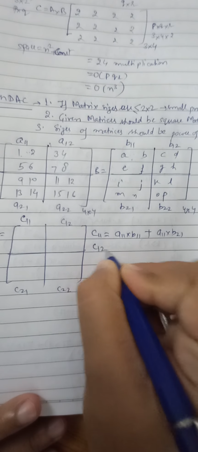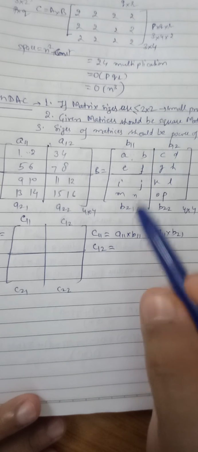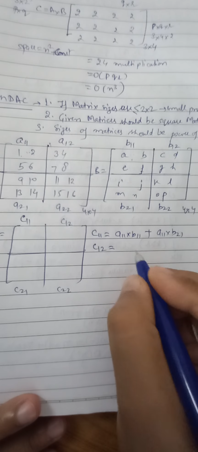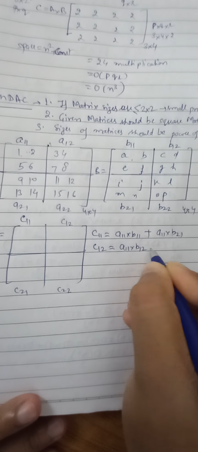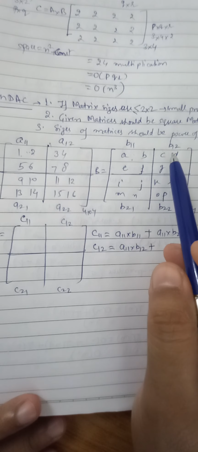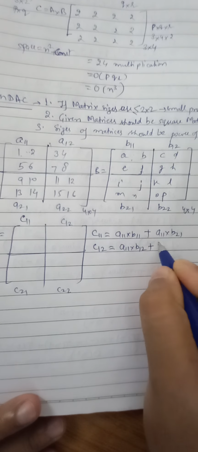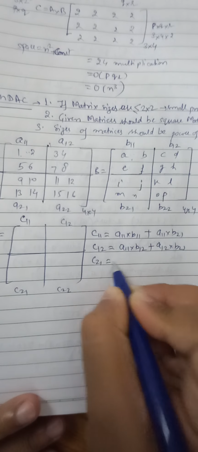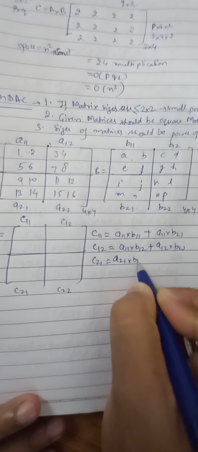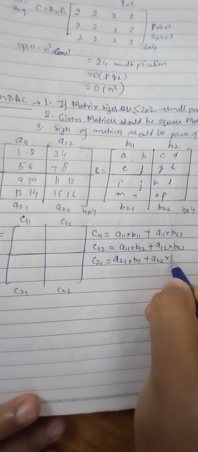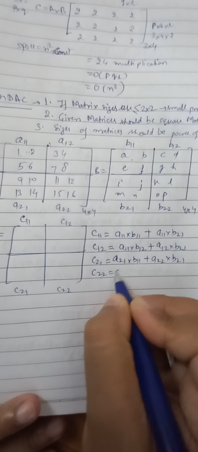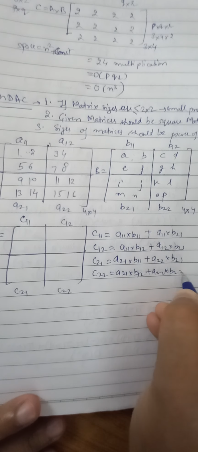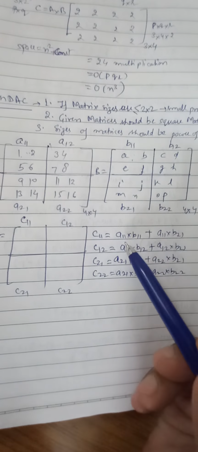C12 is A11 into B12 plus A12 into B22. C21 is equal to A21 into B11 plus A22 into B21, and C22 is equal to A21 into B12 plus A22 into B22. In a similar simple way we do the multiplication.